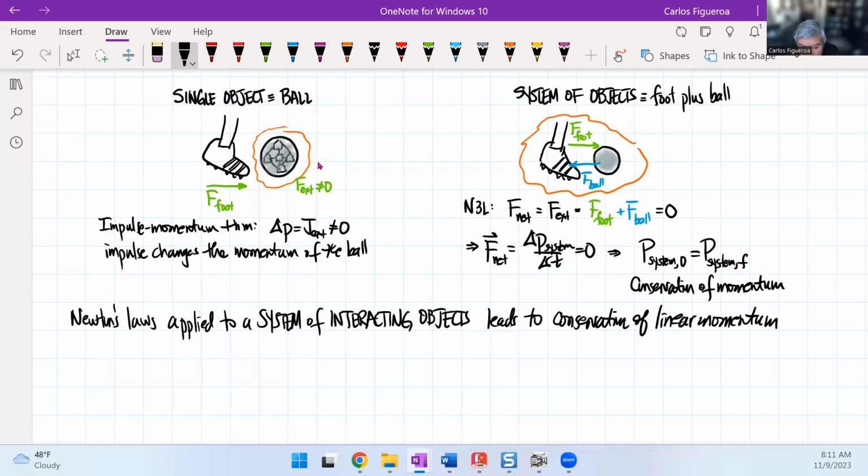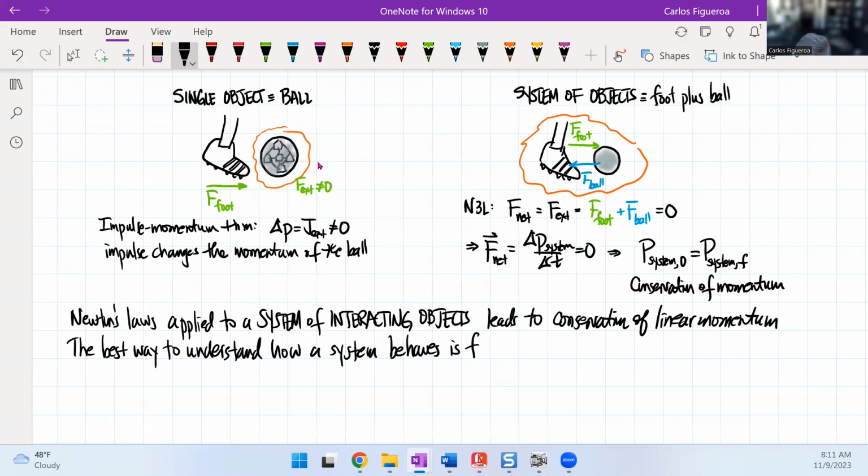And that's a big deal in physics. That is a huge, huge deal in physics. So what do we know here? The best way to understand how a system behaves is following the center of mass point.